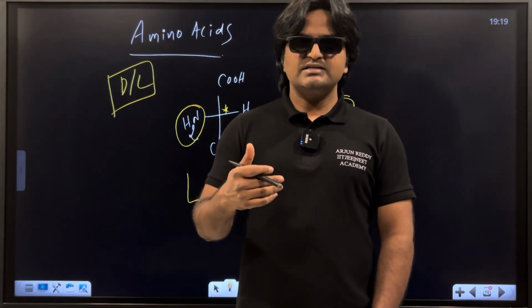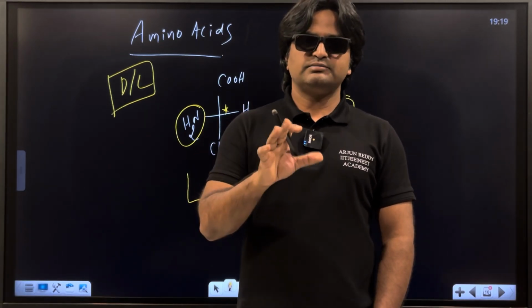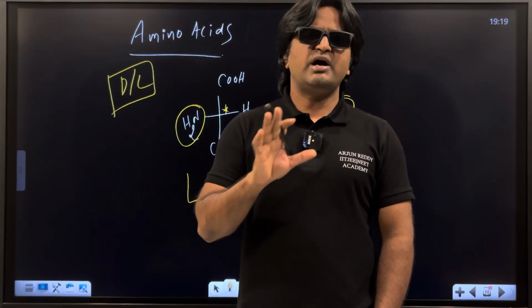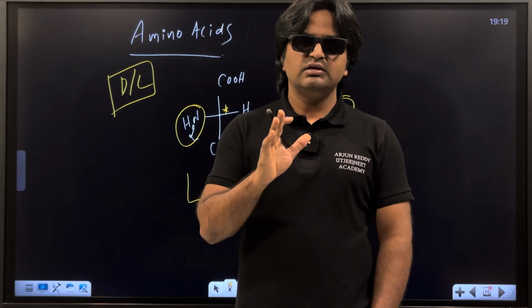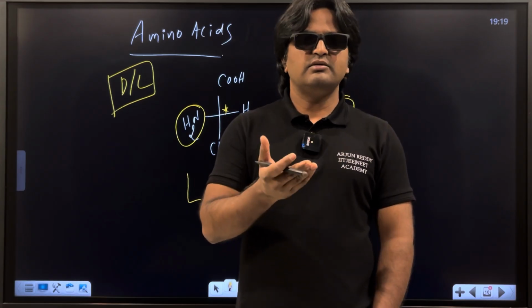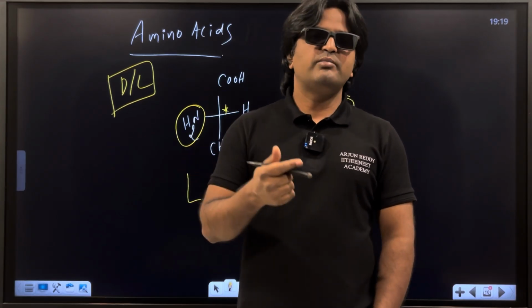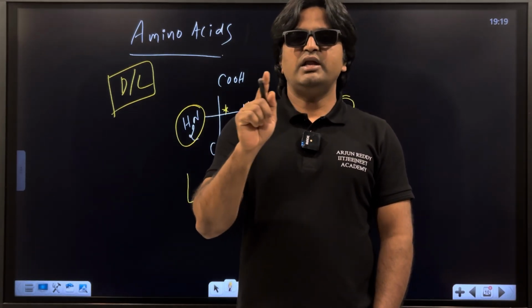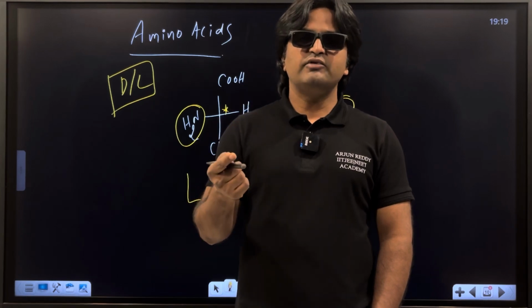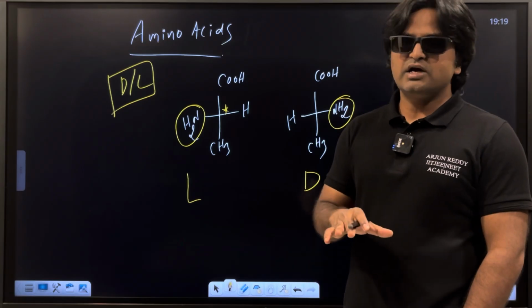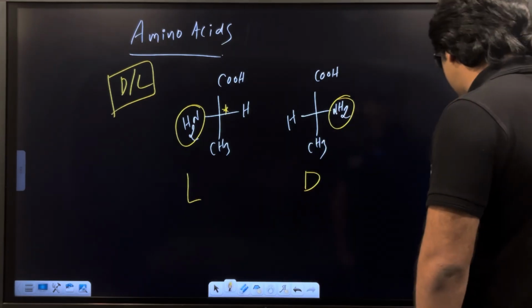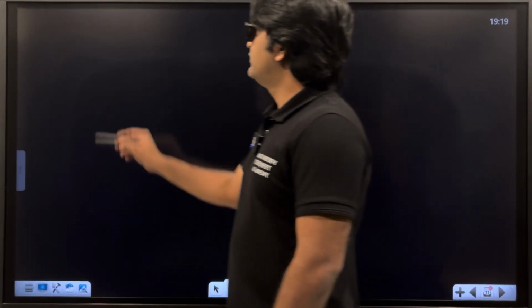In the case of amino acids, which is the reference molecule? Serine. In sugars, at the bottommost carbon atom, OH on the right side, then what is the configuration? D. And OH on the left side, L. In amino acids, at the bottommost carbon atom, if your NH2 is on the right side, what is the configuration? Capital D. And same NH2 on the left side, then what is the configuration? L. Okay, next one. Come to absolute configuration.